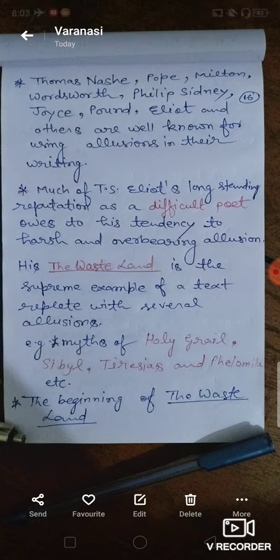William Wordsworth also uses allusion in his poetry. Philip Sidney, we talked about him. James Joyce, see, for example, the novel Ulysses, the title itself suggests the allusion, that he is talking of Odysseus or Ulysses. Ezra Pound, T.S. Eliot, Thomas Stearns Eliot, who got the Nobel Prize in 1948, and others.